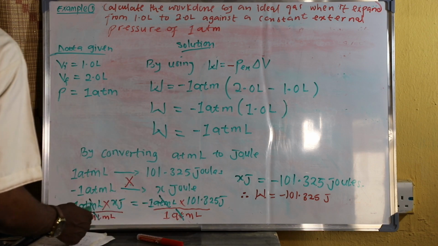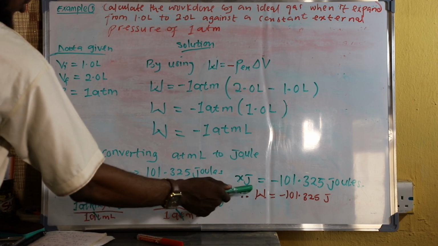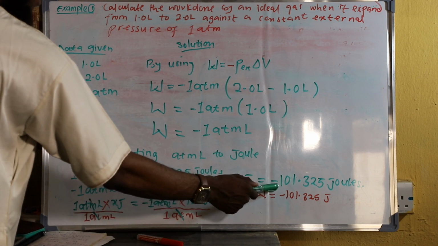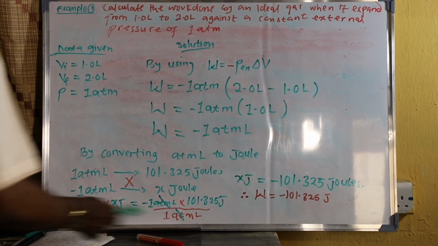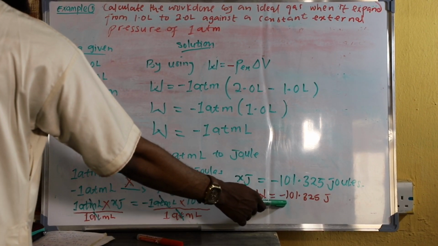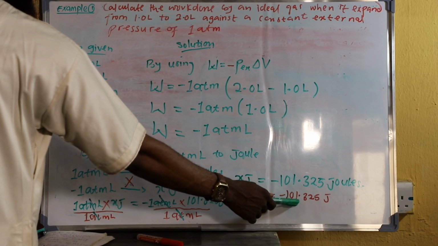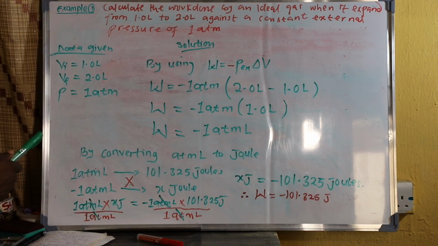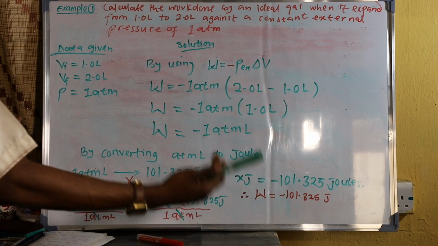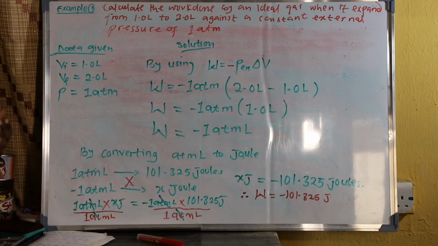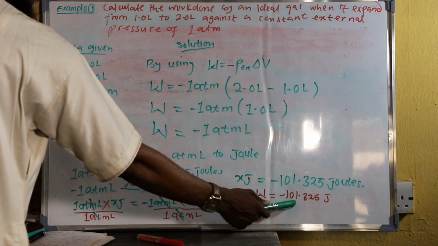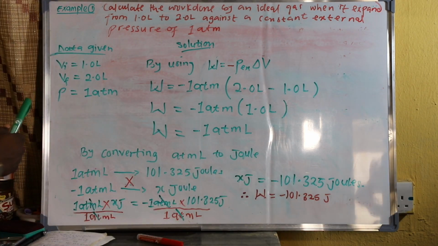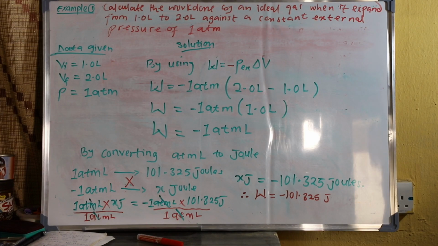So x joule is equal to minus 101.325 joule. Therefore, our work done is equal to minus 101.325 joule. This means that the work has been done by the surrounding. The surrounding loses 101.325 joules. So that is it.